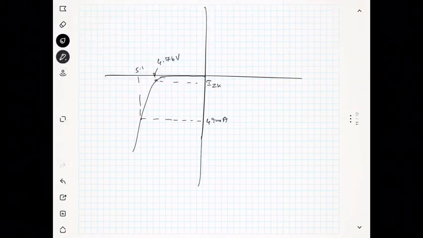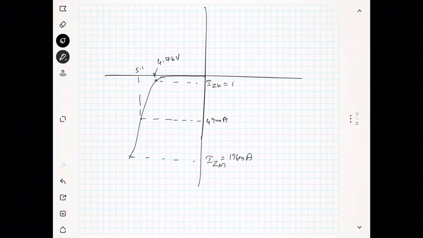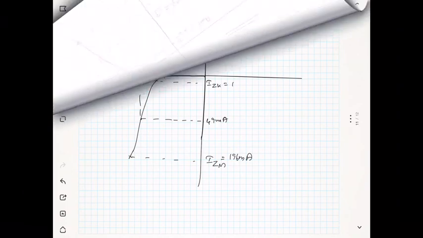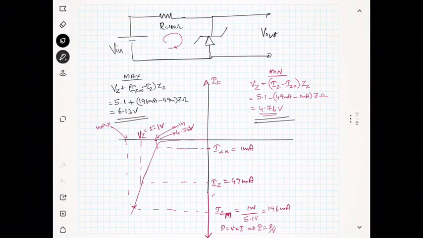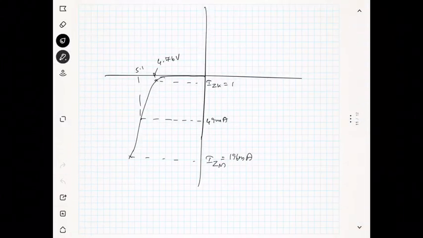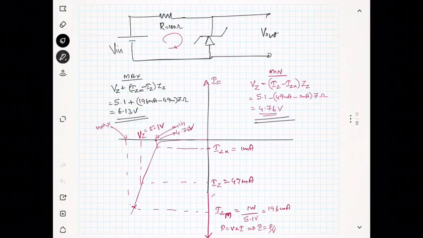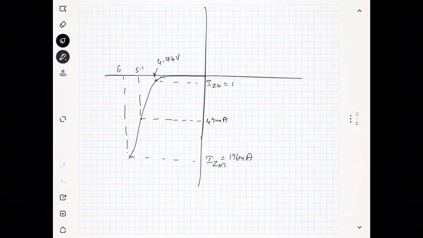That means it happens when the current becomes IZ maximum, which is 196 milliampere, and this is 1 milliampere, right? Yes, it is 1 milliampere. So this happens at 196 milliampere, then the voltage is 6.13 volt.